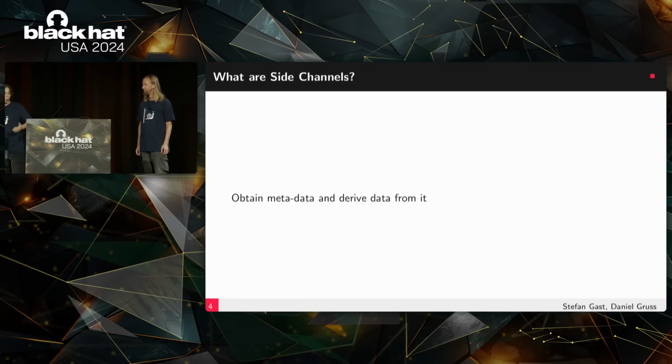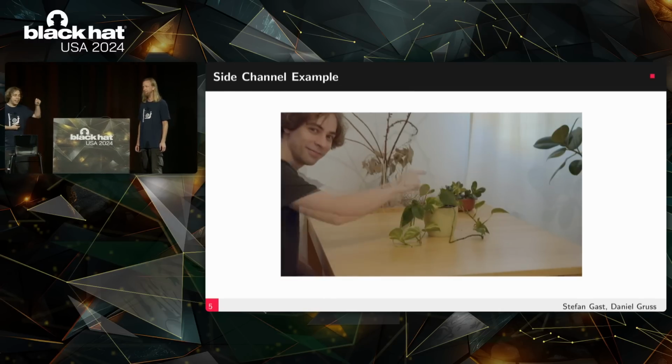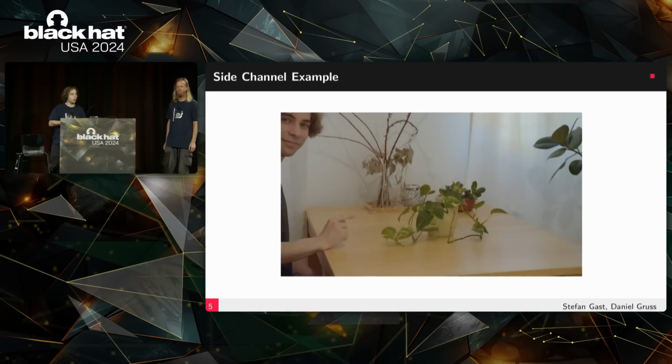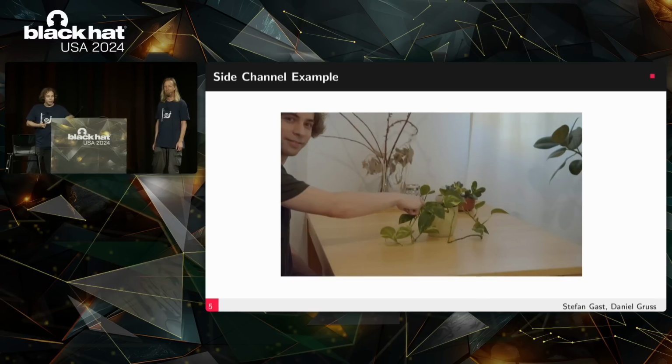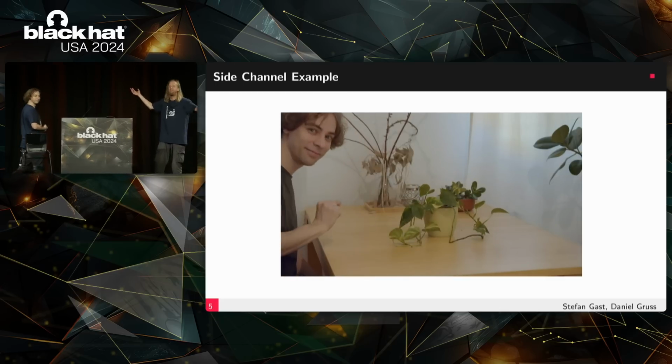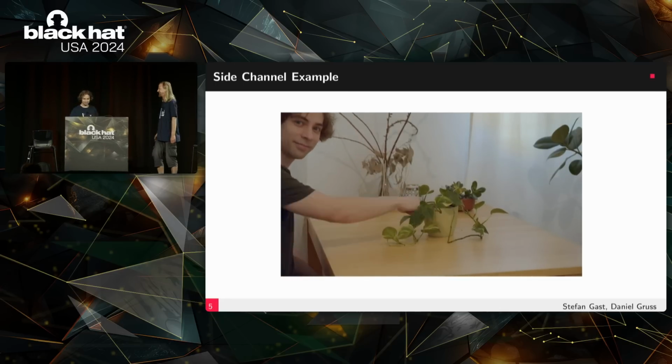So obtaining metadata, deriving data from it. We prepared a simple example here. For instance, you can sense whether someone recently has watered the flower or not by just feeling whether the soil is wet. That's very useful information, obviously.